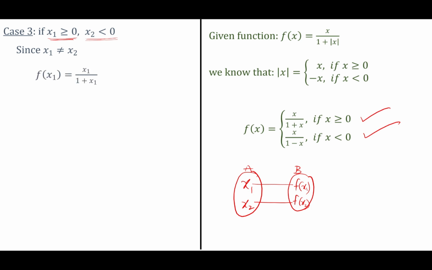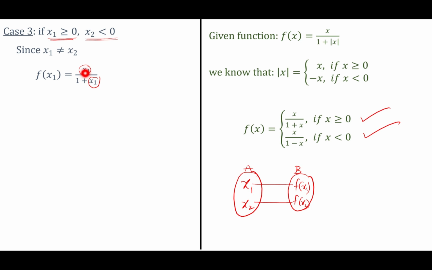What is f of x1? Positive. I'll take this value. Now, if I plug in any values of x1 as positive, if I take 1, 2, 3, any numbers, the result is a positive number only. Check.